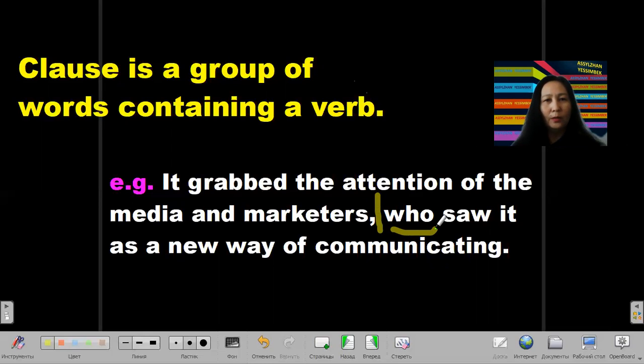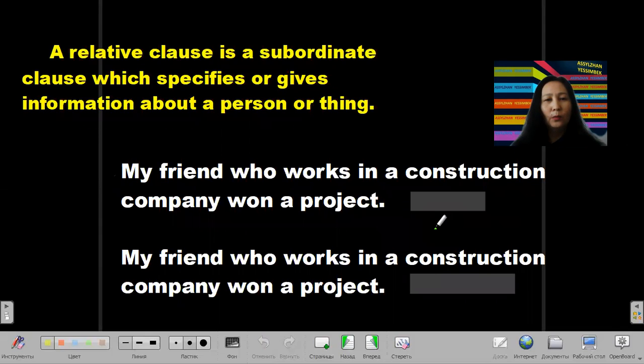Now let's clarify what a relative clause is. A relative clause is a subordinate clause which specifies or gives information about a person or thing. Let's consider this thoroughly. Have a look at these two sentences. My friend who works in a construction company won a project.